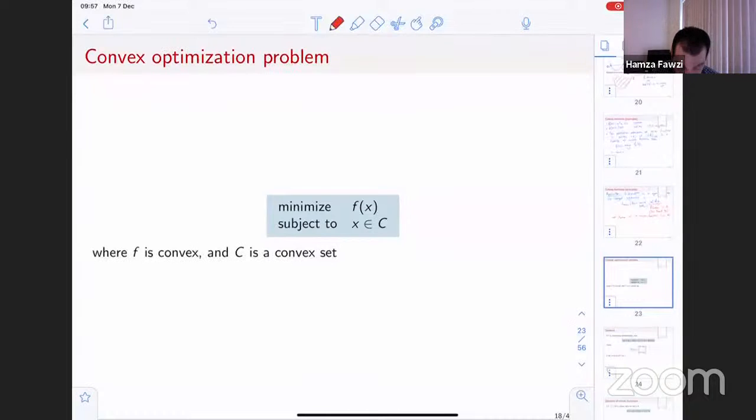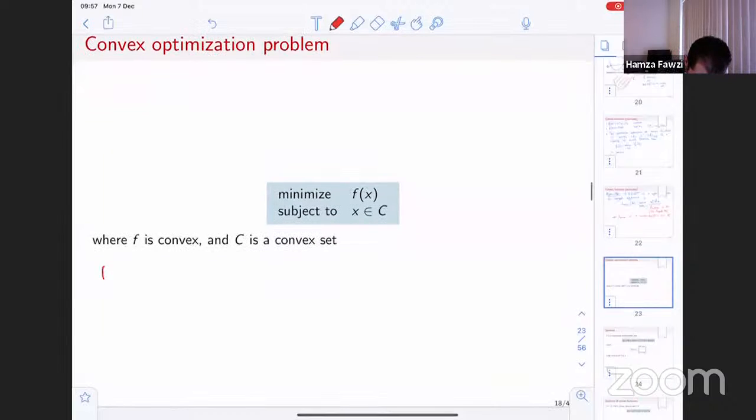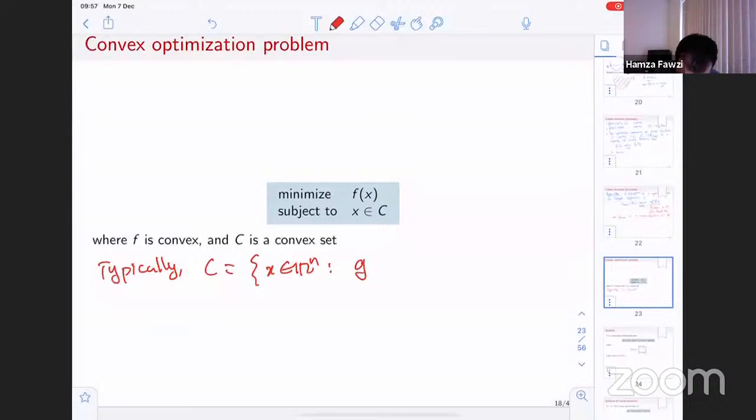So this is given in an abstract form. Typically, C is given as some intersection of convex inequalities. So typically, C is the set of x in R^n such that some g_i of x is less than 0, where the g_i are convex functions.